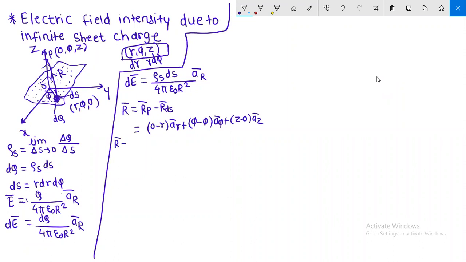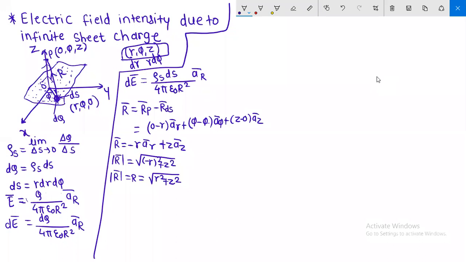So this R bar is equal to minus r a bar r, then phi will become 0 here, and last coordinate is z a bar z. Again find the mod of R bar to find magnitude. So mod of R bar is equal to square root of r square plus z square, which is equal to R.